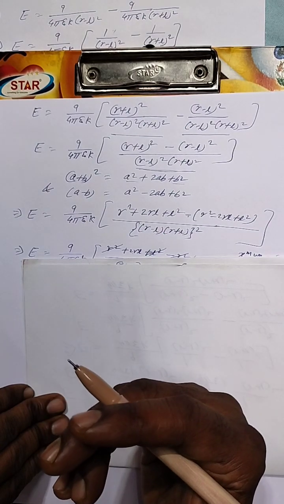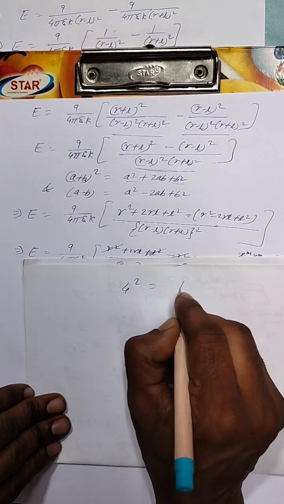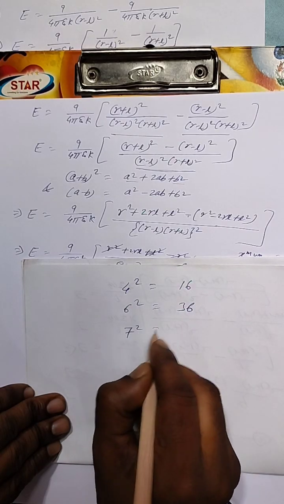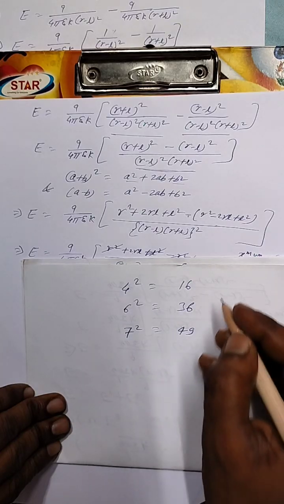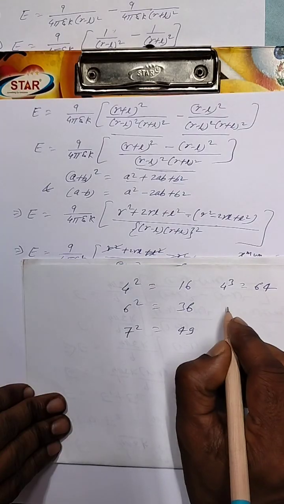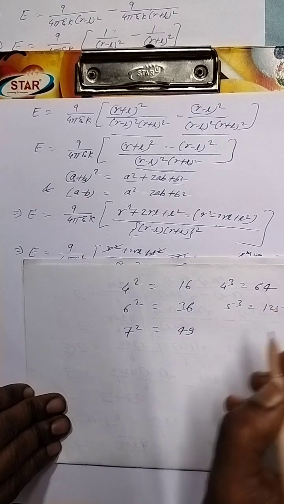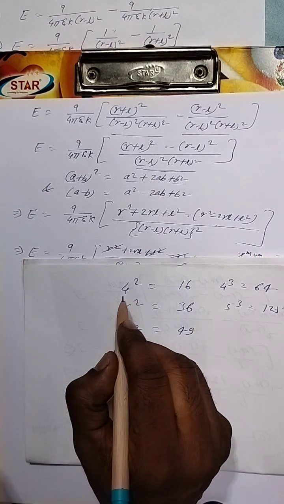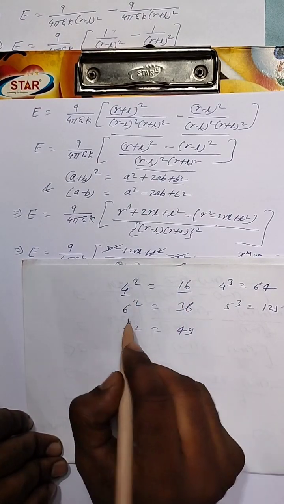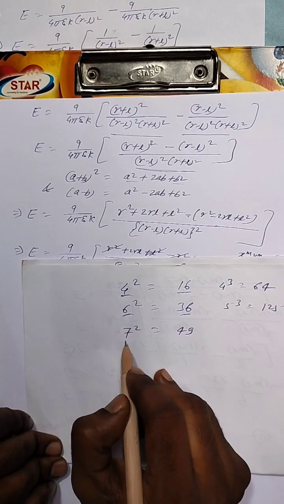You can square any number more than 1. 4 square is equal to 16, 6 square is equal to 36, 7 square is equal to 49, 4 cube is equal to 64, 5 cube is equal to 125. Look, when we increase the power of any number, its value increases. Look, the difference between 4 and 16, 6 and 36, 7 and 49.